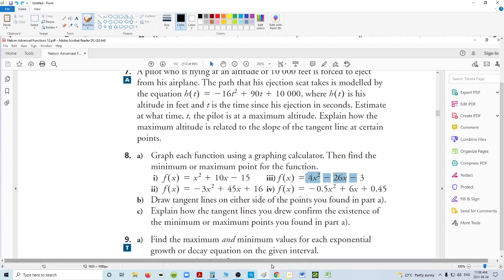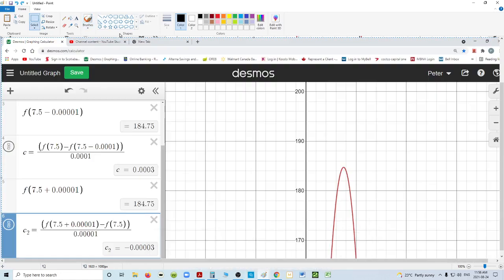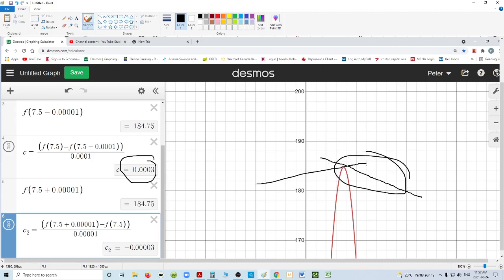And what are they trying to teach you here? They're trying to teach you to understand the slopes. For a point just to the left, the slope is almost zero, but positive. And a slope just to the right is almost zero, but sloping down. I'm exaggerating the slope so that you understand what I'm doing.